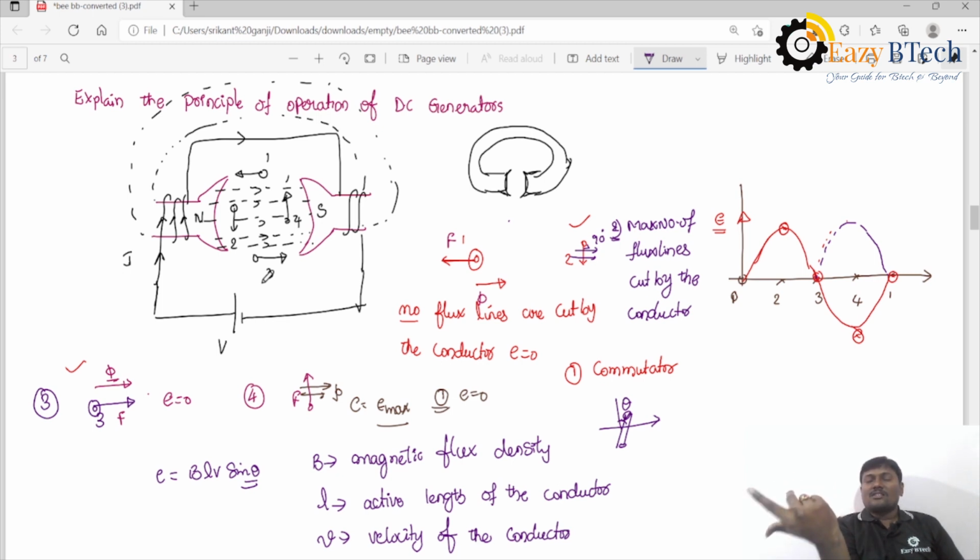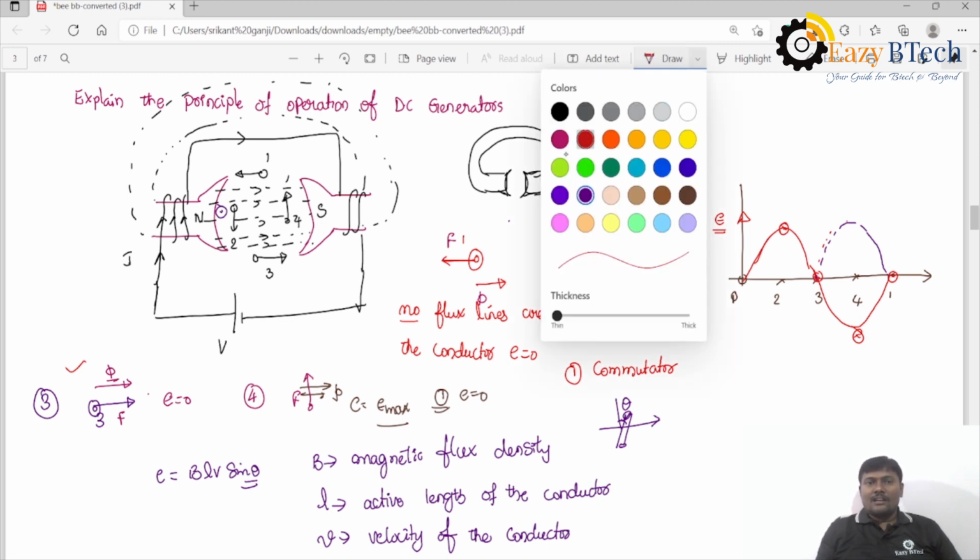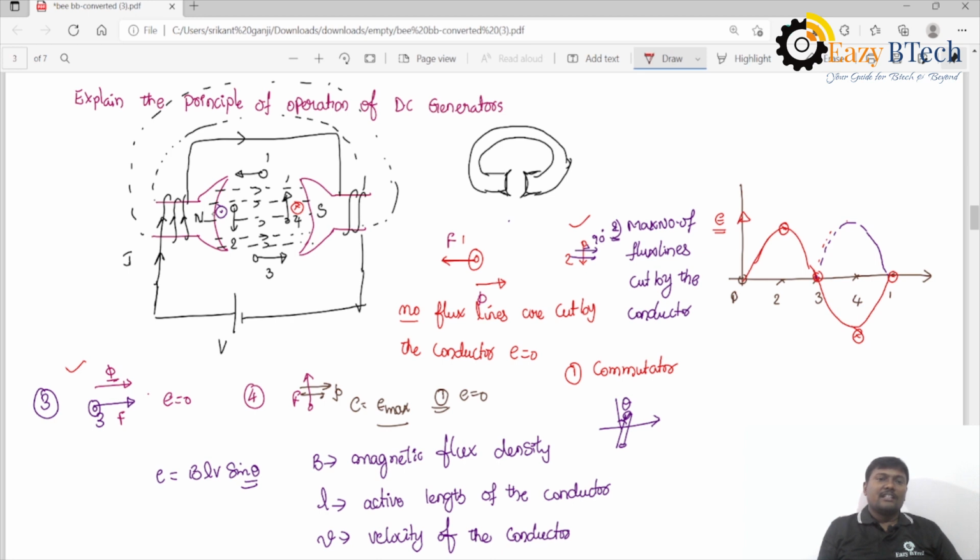The current is represented with a dot. Under the north pole, the tangential force is upward, and the flux lines go into the conductor, so here it is a cross, and here it will be a dot.